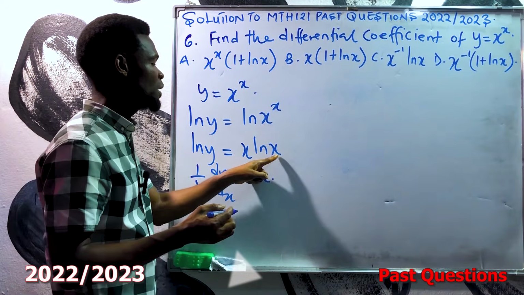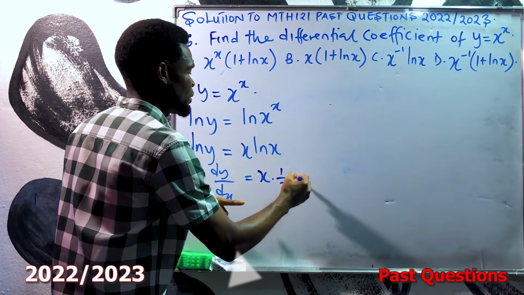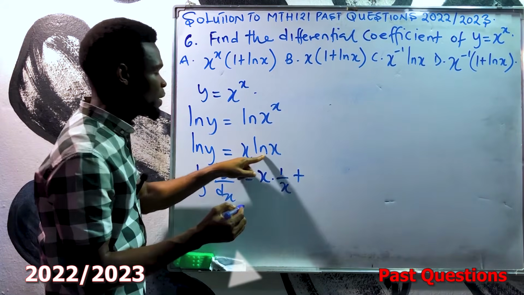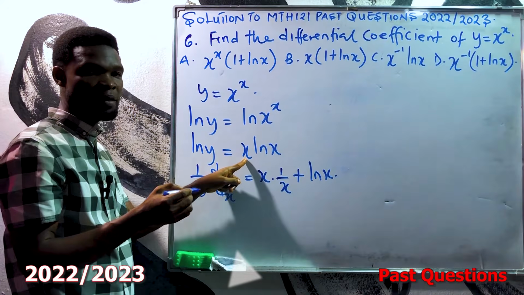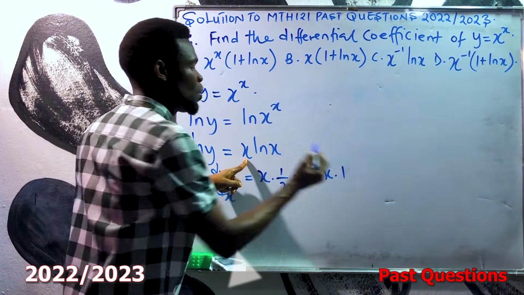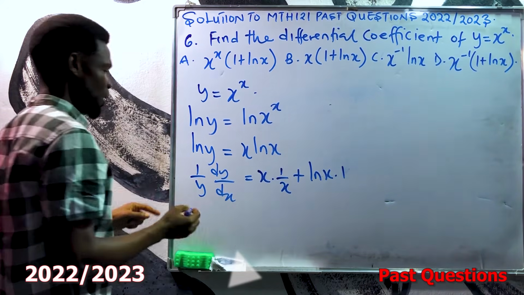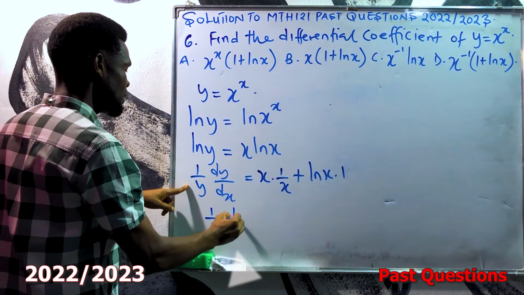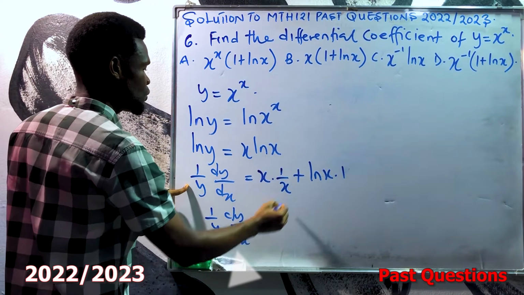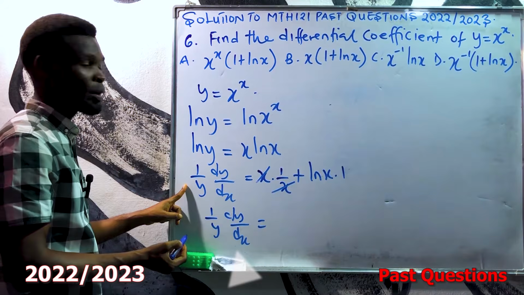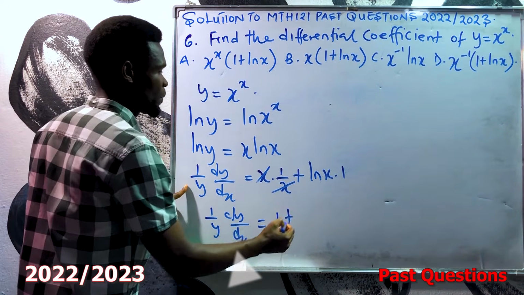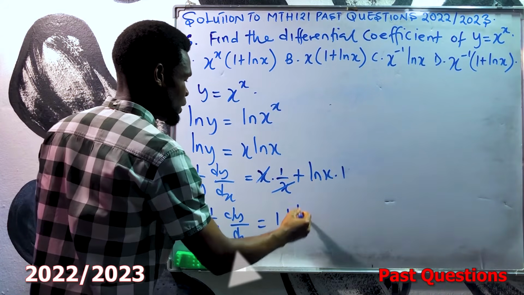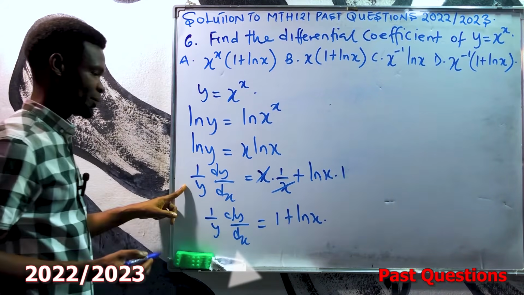What's the derivative of ln x? 1 over x. Plus keep the second, which is ln x, times differentiate the first. What's the derivative of x? 1. Okay, so this is 1 over y dy dx equals x times 1 over x, and the x will cancel out, so everything here will be 1 plus ln x times 1, which is ln x.